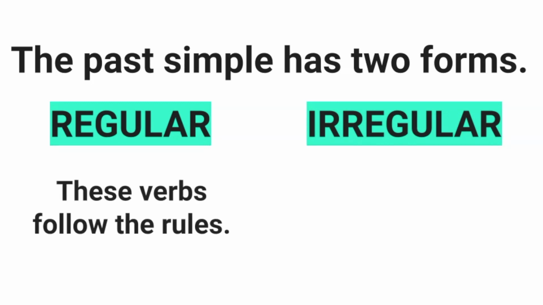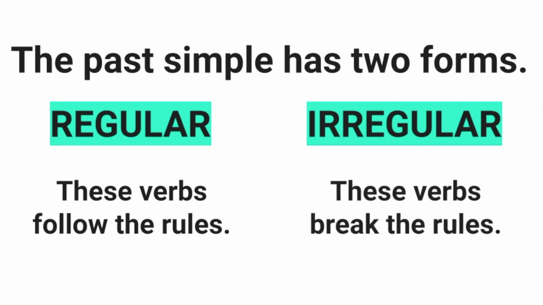The regular past simple has verbs which follow the rules, but irregular verbs break the rules. The regular past simple has 4 rules. It has one main rule and 3 other helper rules. Let's look at the main rule.